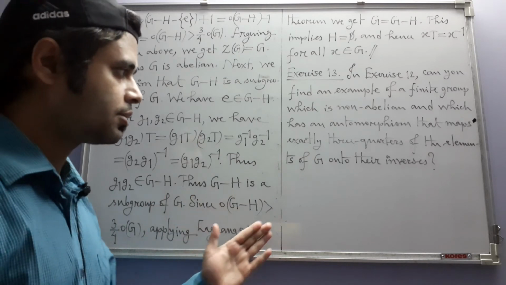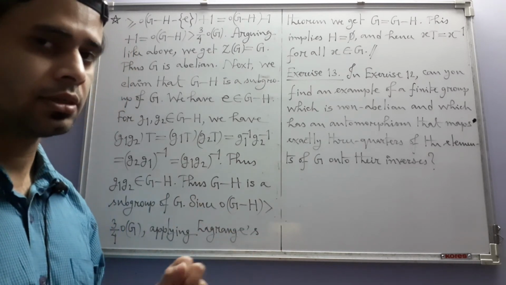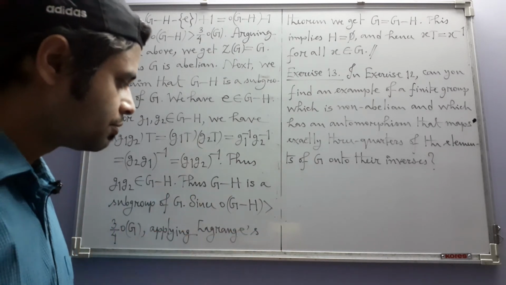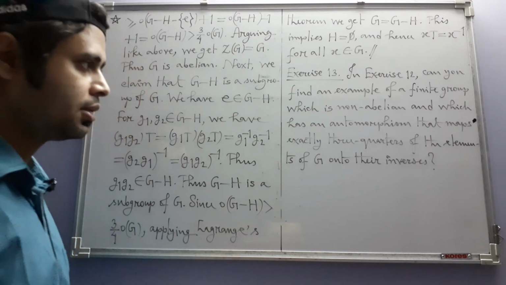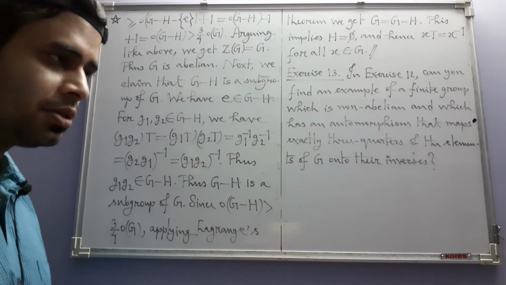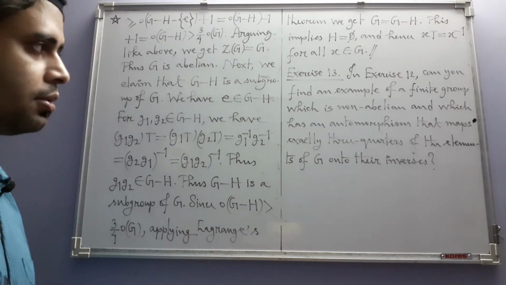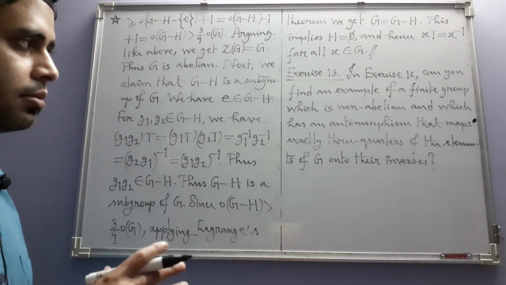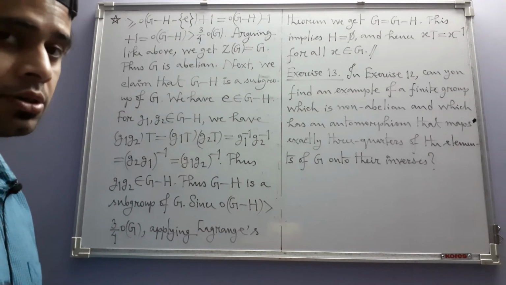And it turns out that there is such an example, which proves that this 3/4 thing is a sharp bound. It has to be more than 3/4, otherwise commutativity is not guaranteed.